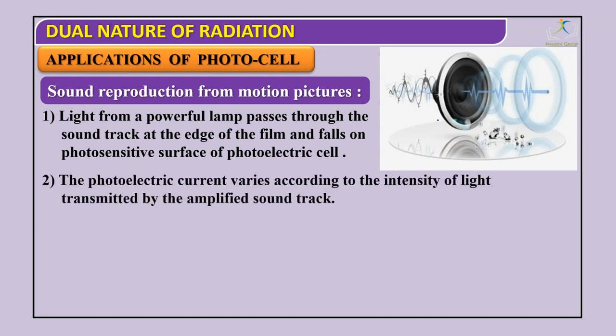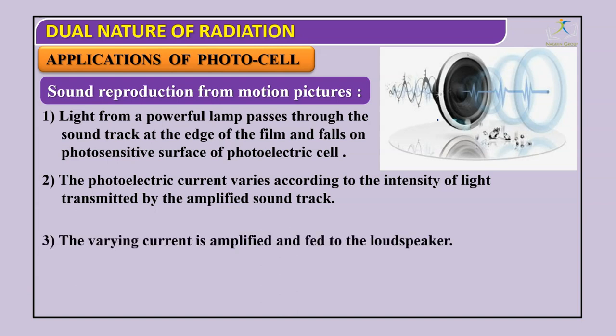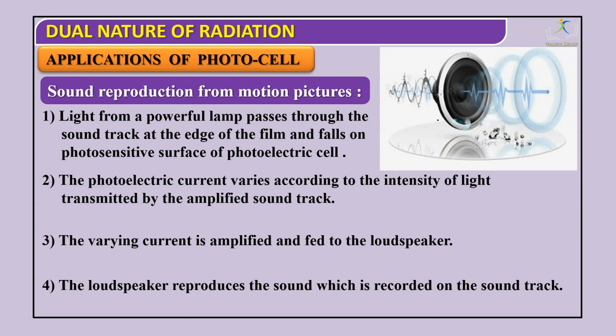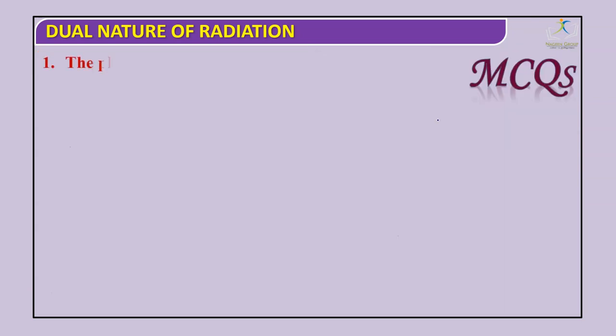The photoelectric current varies according to the intensity of light transmitted by the sound track. This varying current is amplified and fed to the loudspeaker. The loudspeaker reproduces the sound which is recorded on the sound track.